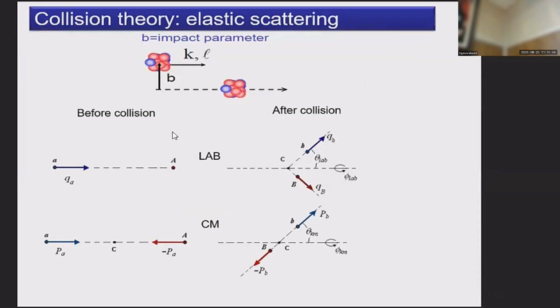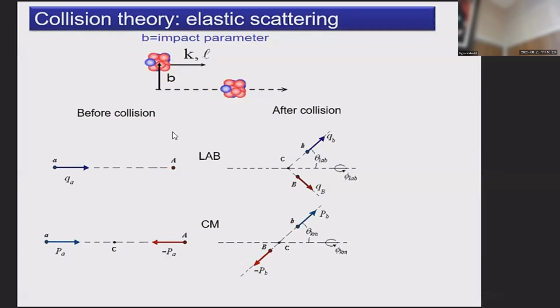Now, this is the laboratory system. In the laboratory system, normally, this is the projectile, this is the target. B is the impact parameter, K is the wave number or energy. Before the collision in the laboratory system, there is always an energy and velocity of the projectile, and the target is always at rest.